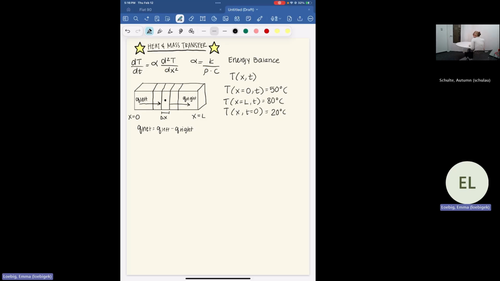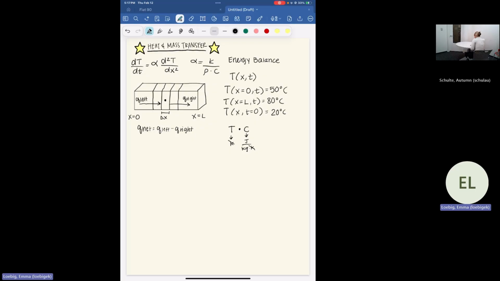Now, if we want to talk about the energy of this brick as a function of temperature, we'll have our temperature. And how do we relate temperature to energy? Well, we're going to multiply that by the heat capacity. Temperature has units of Kelvin, and heat capacity has units of joules per kilogram Kelvin. Multiplying these gets us units of joules per kilogram.